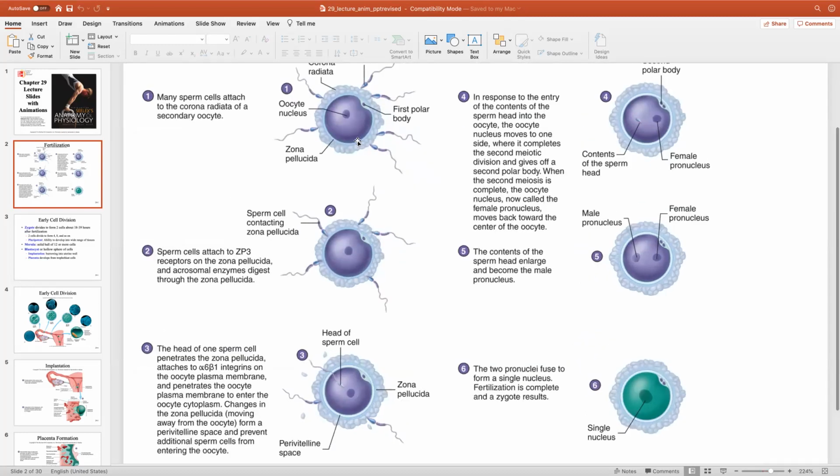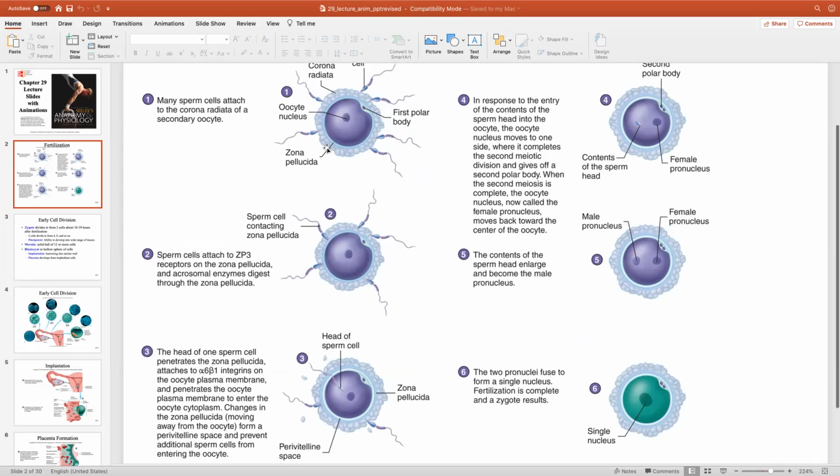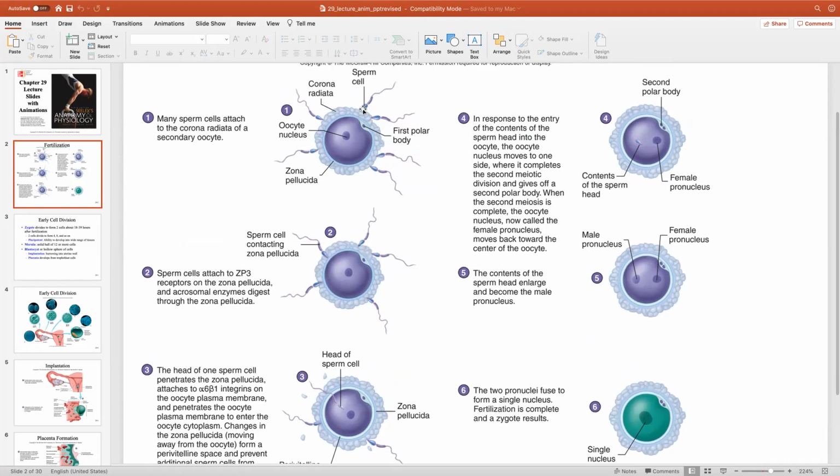And if you take a look really close, you have a real thin, even more substantive gel-like region called the zona pellucida. So we have the zona pellucida and cells that make up the corona radiata. They're all there, and it acts as a barrier for the sperm cells.